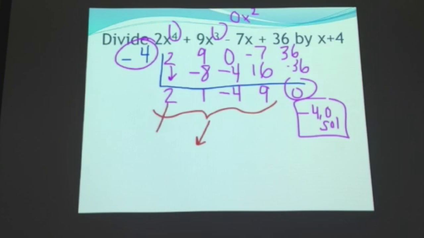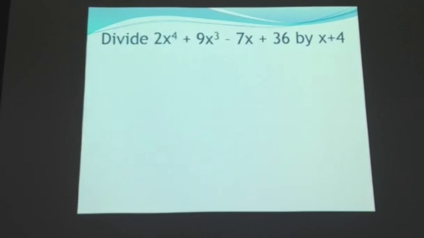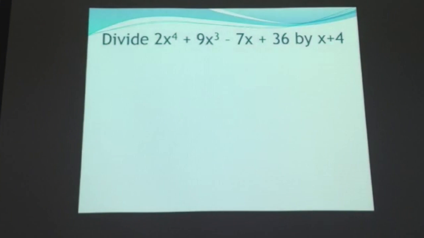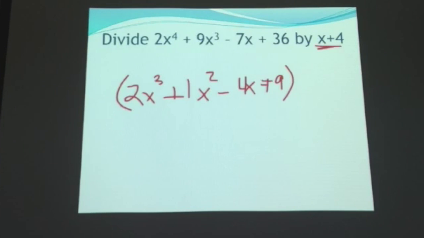So we would end up with 2x to the third plus 1x squared minus 4x plus 9. And all of that would be multiplied by my starting factor, x plus 4.